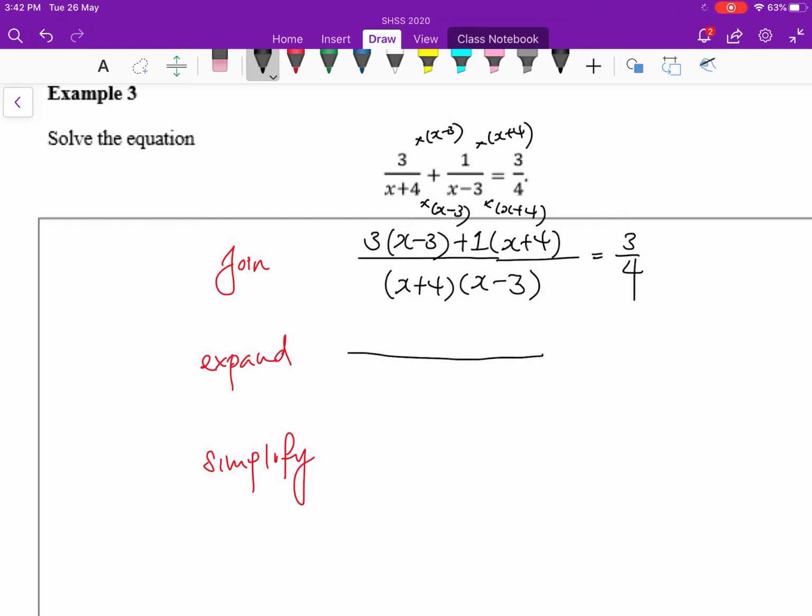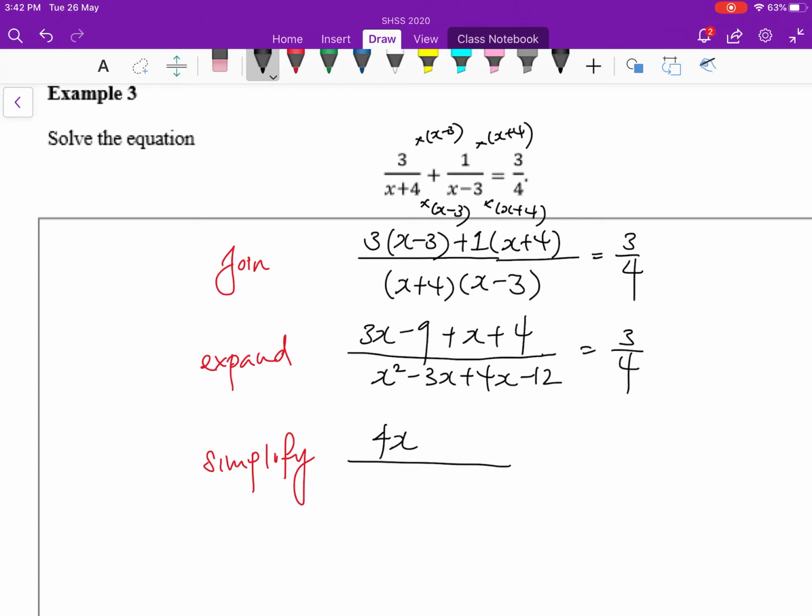Time to expand: 3x minus 9 plus x plus 4 over, expand, I get x squared minus 3x plus 4x minus 12 using the rainbow method, equals to 3 over 4. Now don't do anything first, you need to simplify first. 3x plus x, 4x, minus 9 plus 4, minus 5. X squared minus 3x plus 4x is plus x, minus 12 equals to 3/4.